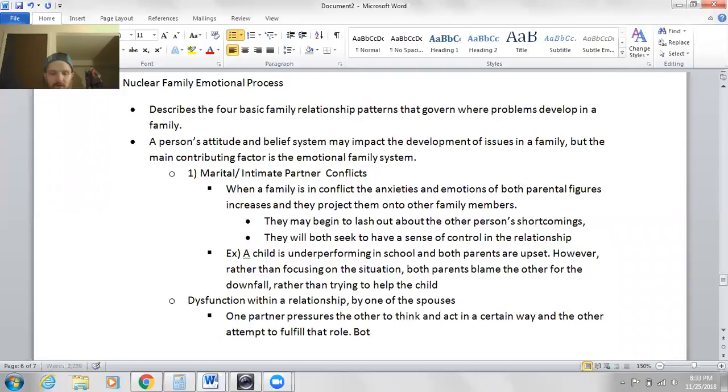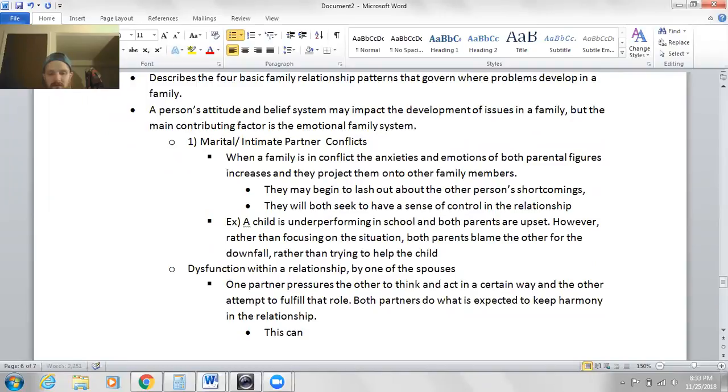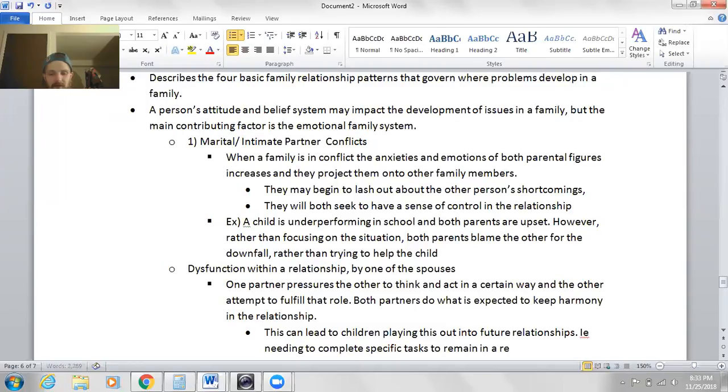So both partners do what is expected to keep harmony in the relationship. This can lead to children playing this out into future relationships, i.e., needing to complete specific tasks to remain in a relationship.